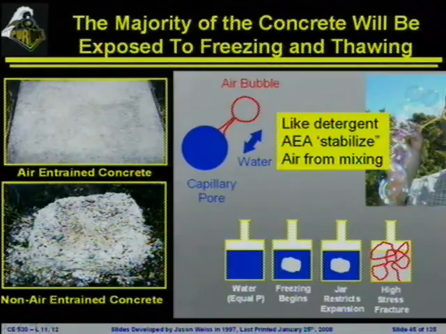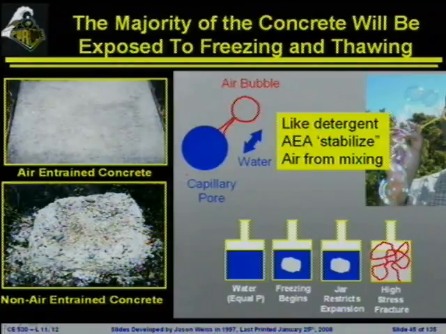So we mentioned before that when we mix up the concrete, we are going to create air inside of the concrete. Many times this air will actually break down during the mixing action. If we just keep mixing it and mixing it, we'll create some air, some of it will break down. What we're actually doing is we're adding an air entraining agent that will have a chemistry that will help to stabilize the air bubble.